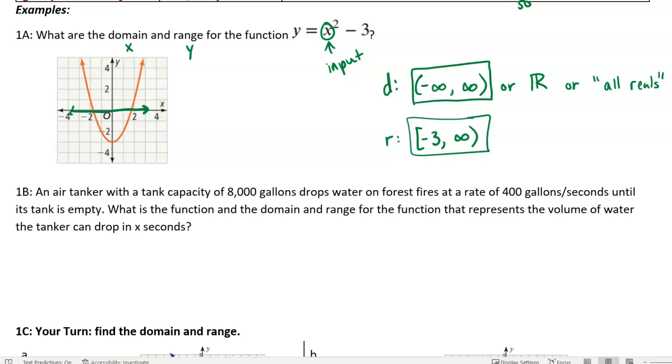These can be challenging when we have a story problem, so sometimes it's helpful to think about how we can set this information up in a table. We're going to use seconds as our input because that's happening independently, because the amount of gallons of water left in the tank depends on how many seconds have gone by.